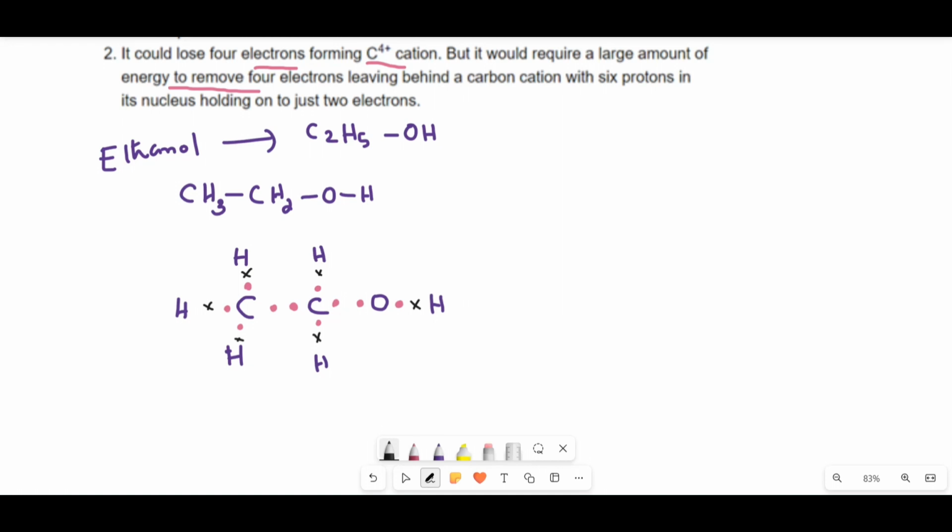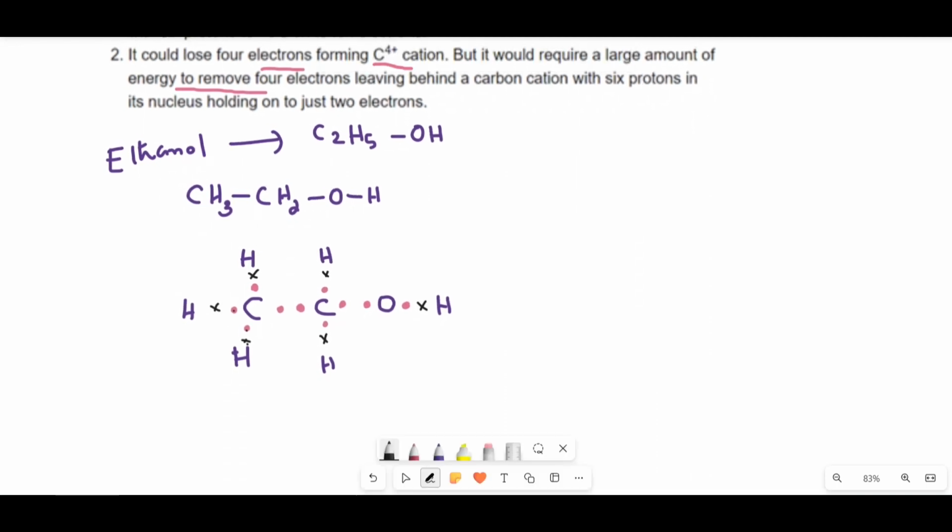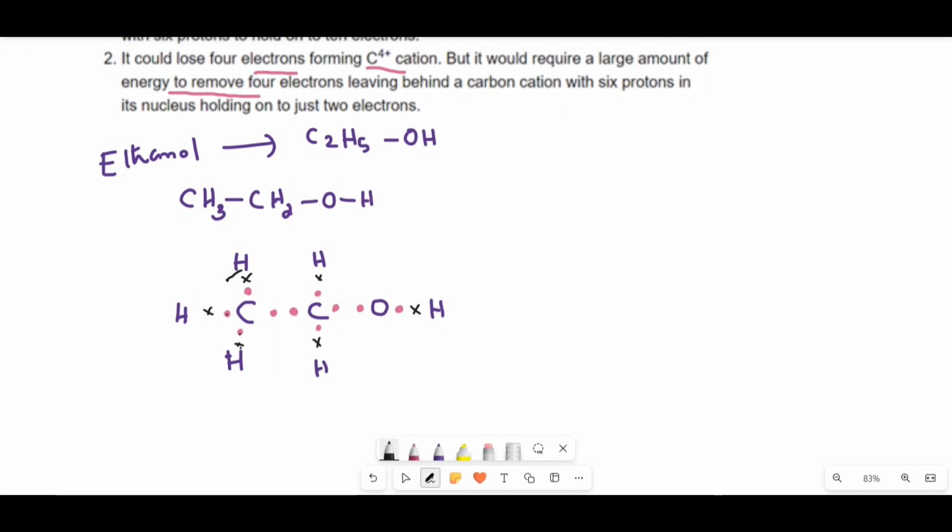So 2, here it is 4, 6 and this 2, 8. So this is the electron dot structure. Now, second carbon, take these two electrons, and for hydrogen, this is one.